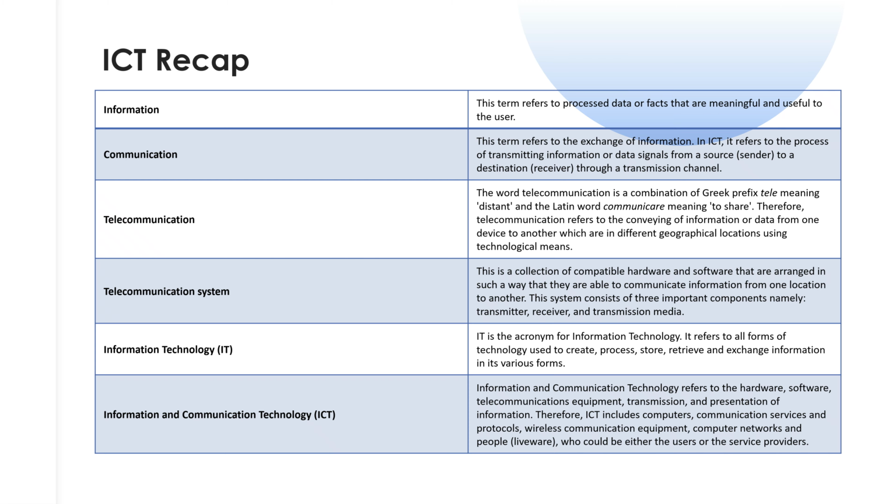IT is the broader technology behind creating, storing, and exchanging information. And ICT brings all of that together with the people involved. So we have 6 terms, but one idea, just exactly how we built up to computer system previously.